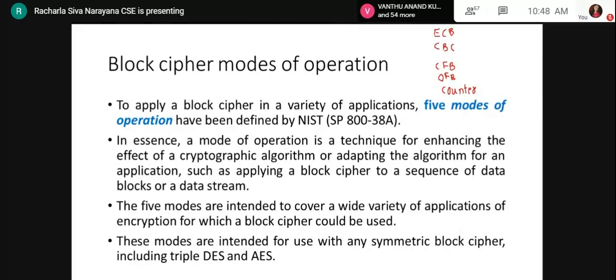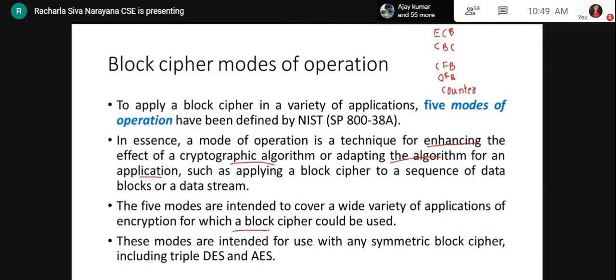Mainly these modes of operation are used to apply the block cipher to various applications. Various applications need various types of security mechanisms. These techniques are used for enhancing the effect of a cryptographic algorithm or adapting the algorithm for an application, such as applying a block cipher to a sequence of data blocks or data streams. To secure the application, we apply modes of operation. The five modes are intended to cover a wide variety of applications of encryption for which a block cipher could be used.